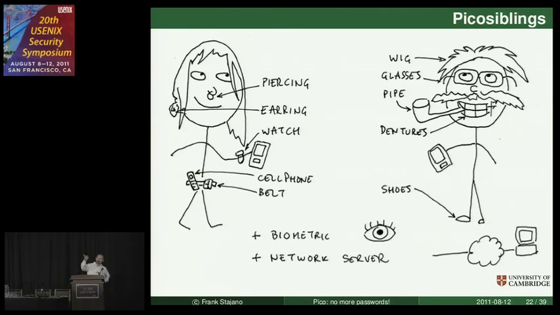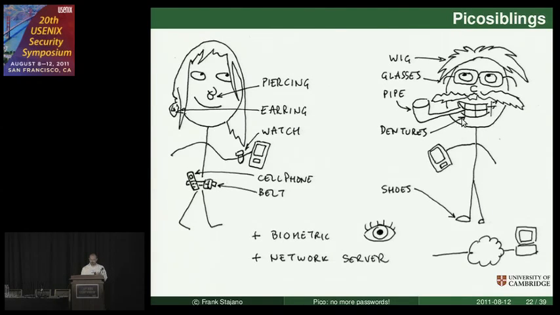So while the Pico device itself is something that has buttons, a display, a camera, you have to use it. These other things, you don't have to use them. You just wear them and let them create this aura of confidence and safety around you. And depending on your gender, age, and fashion sense, they could be nose piercing, ear piercing, a watch, a belt, a cell phone, shoes, dentures, pipe, glasses, wig, whatever else suits you.